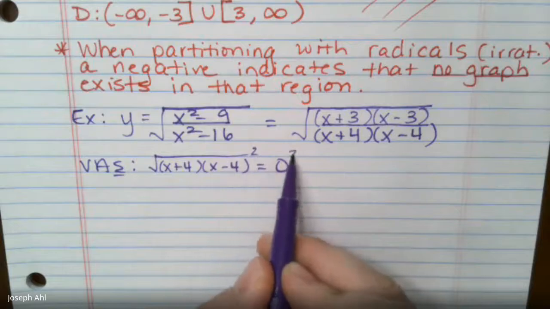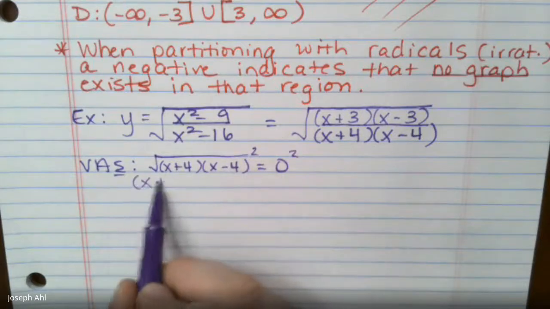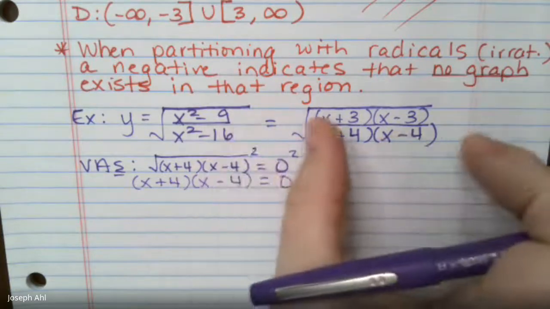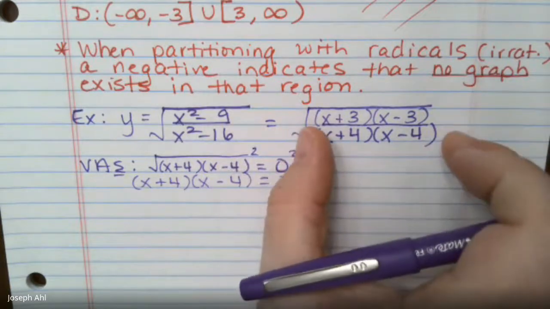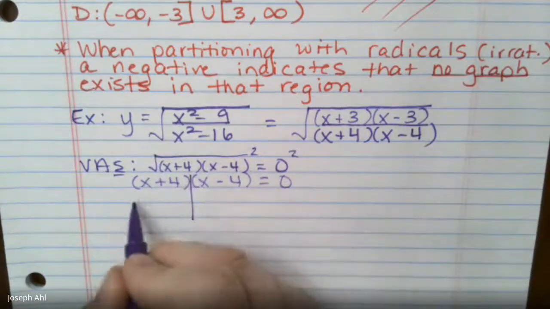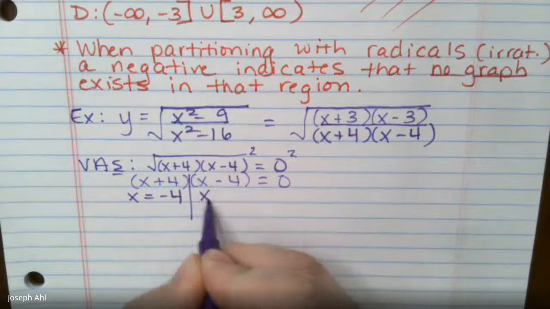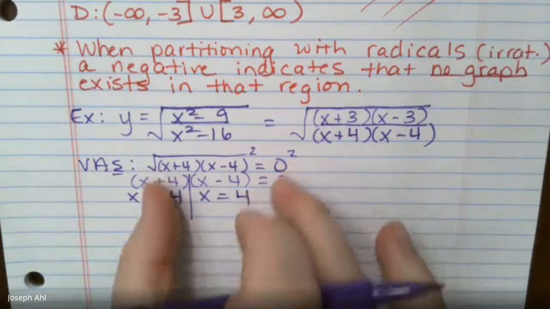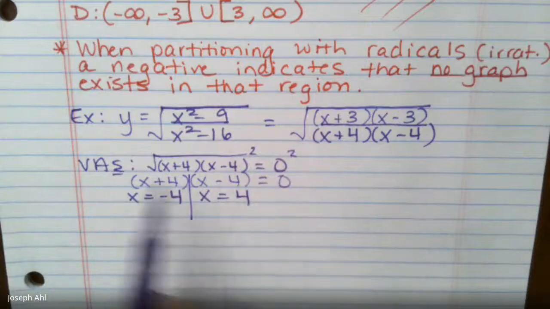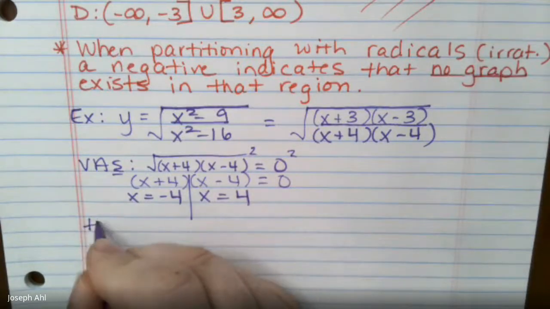Well, doesn't squaring both sides automatically just get rid of the radical? So that's the last time I'll ever write this statement, because whether the radical is there or not, when you set the bottom equal to 0, you're still going to get x equals -4 and x equals +4. Not the square root of those numbers, because you saw I got rid of the radical by squaring both sides. So those are my vertical asymptotes.